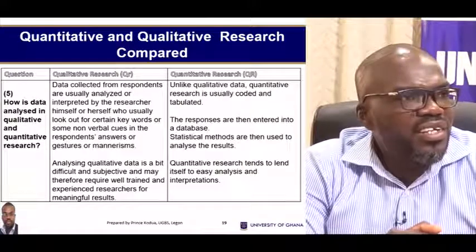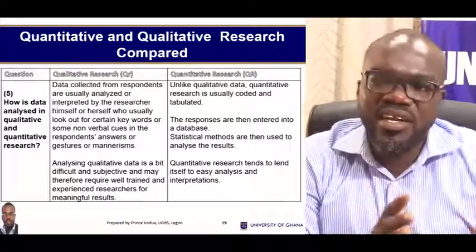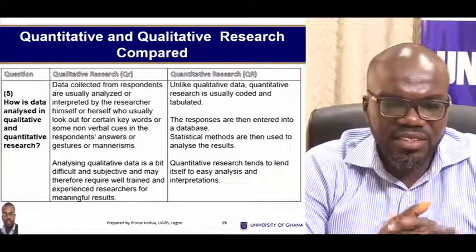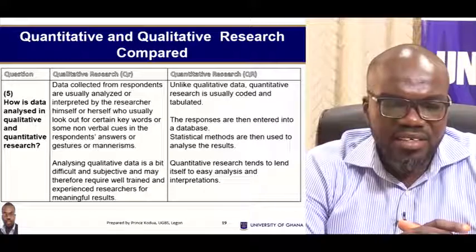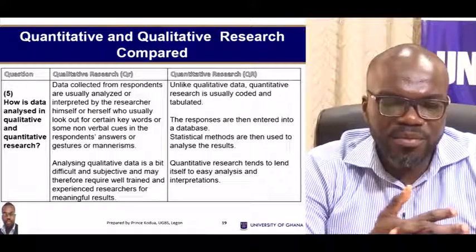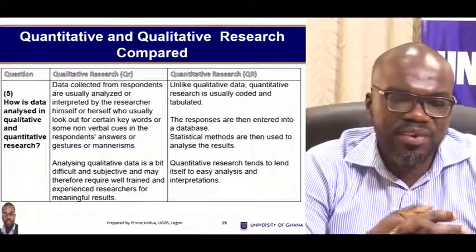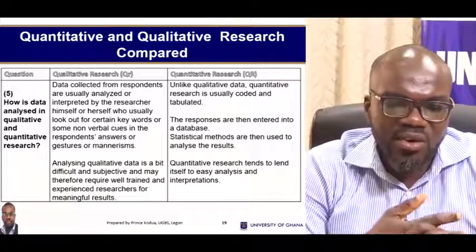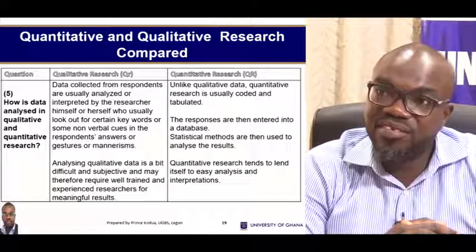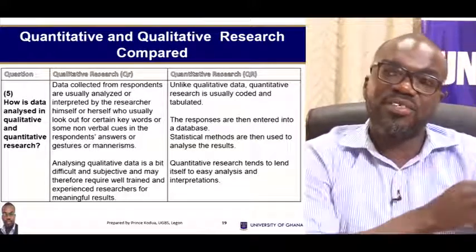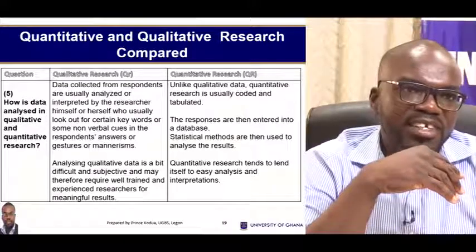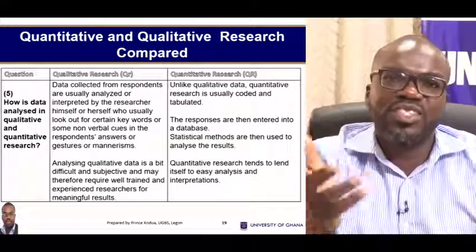Again, in terms of analysis, we should be concerned, how is data analyzed for qualitative and quantitative research? Data from respondents under qualitative is usually analyzed or interpreted by the researcher himself. So it allows for some kind of bias. I mean, the result is dependent on who is interpreting it.